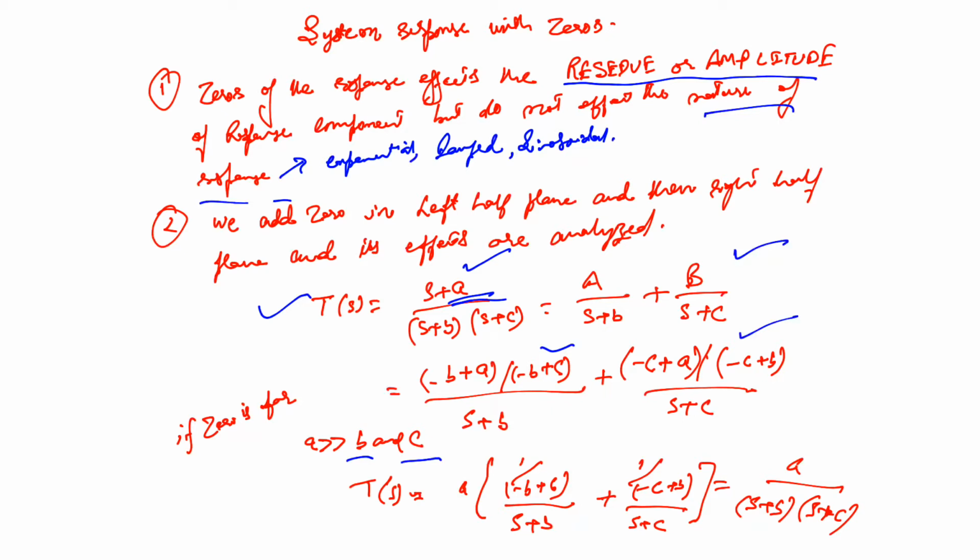Finally, we get the equation as A divided by (s+B)(s+C).